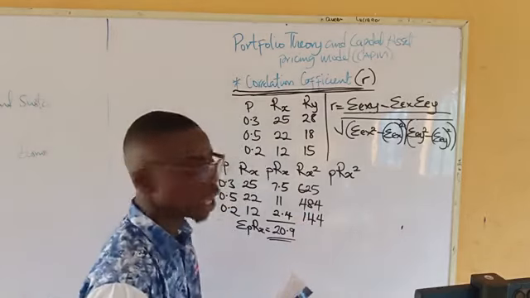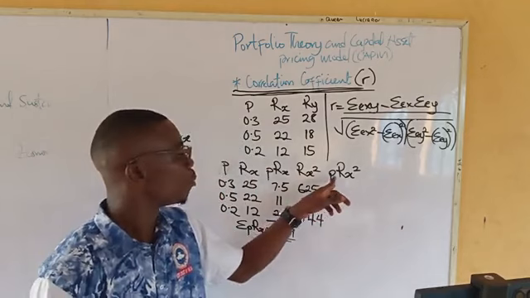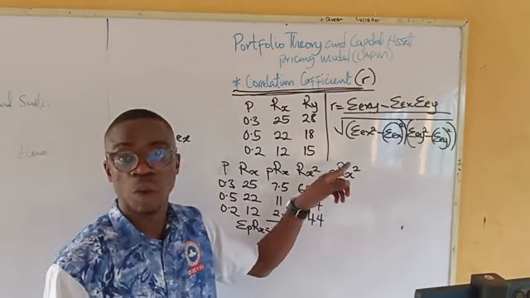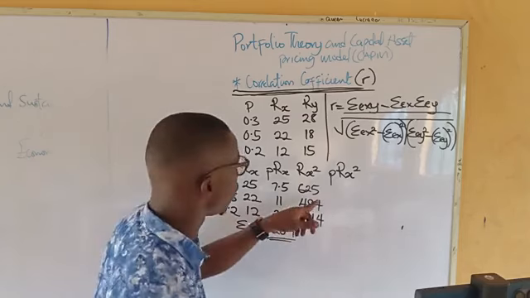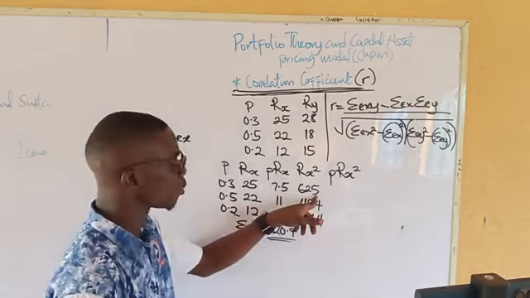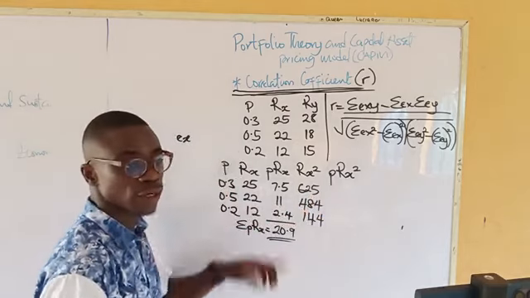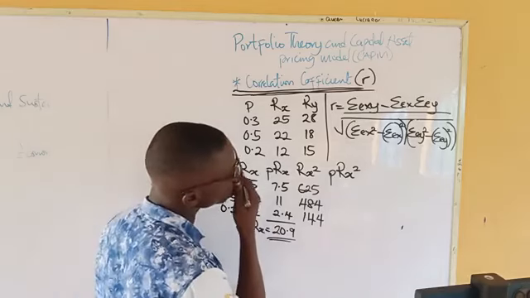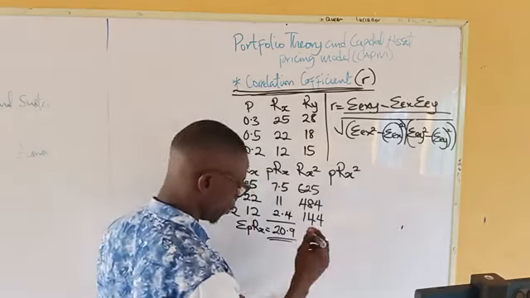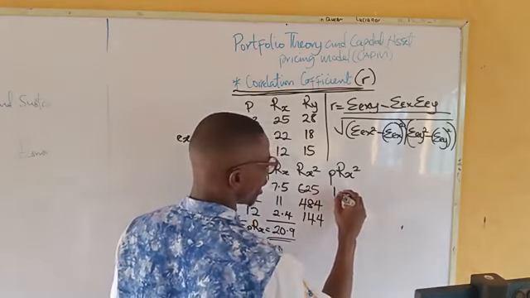Are we together? What's the variable we are looking for now? Probability times the square of return of X. So it will now be this times 0.3. What do you have? 187.5.